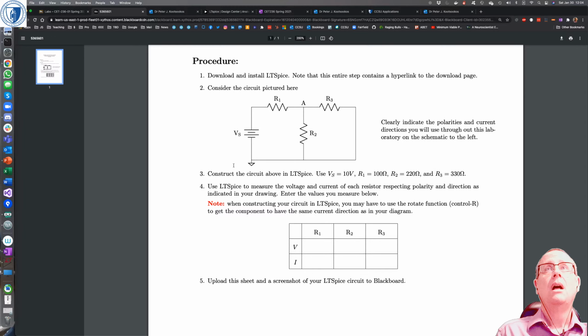And yeah, all I'm wanting you to do is to use this sheet and put in the voltage that you measure across R1, the voltage you measure across R2, and the voltage you measure across R3, and we're done. The main thing this lab is checking is that you have access to LT Spice.